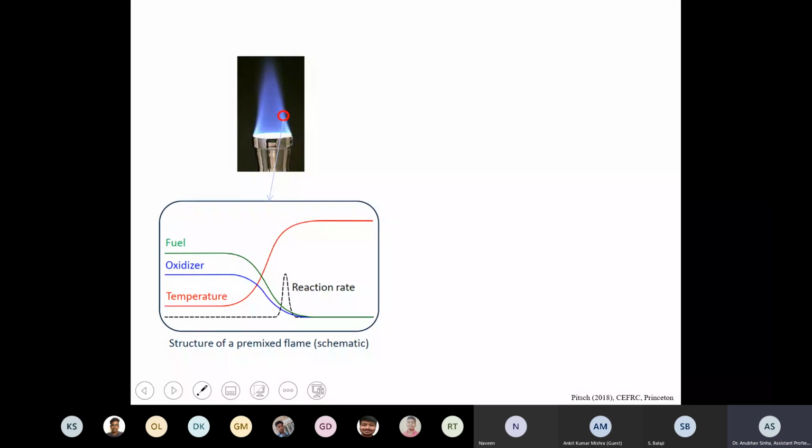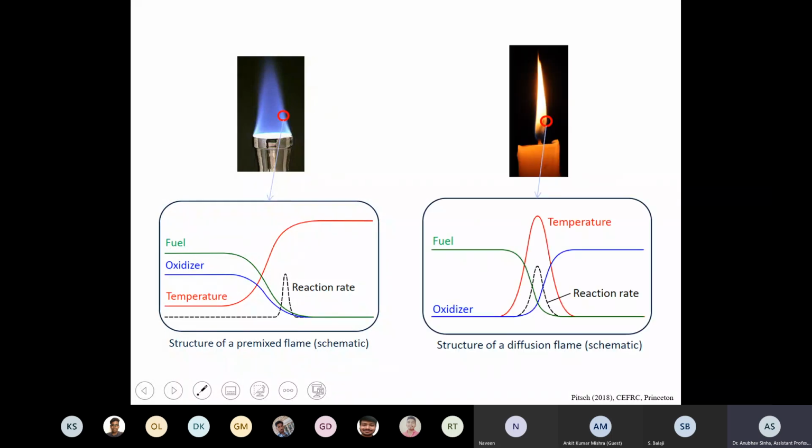So let us see how a diffusion flame looks. If I take a similar type of section here, what we see is, inside, fuel is there. Outside, oxidizer, oxygen, is there. So on the inside, the left side of this section, fuel is maximum and then it goes down.